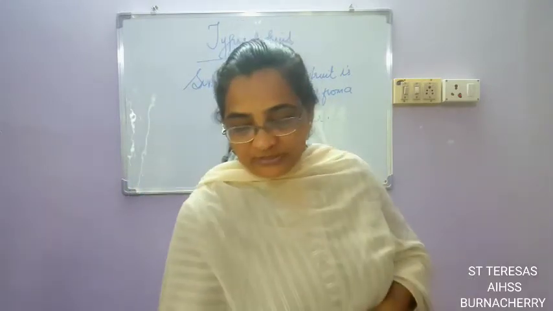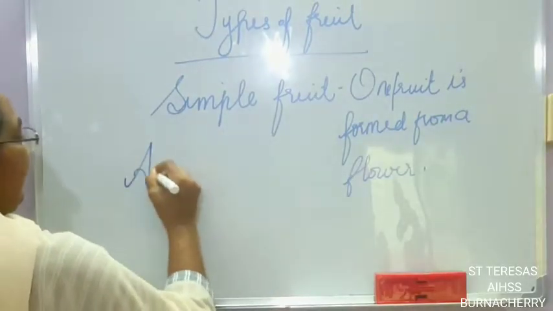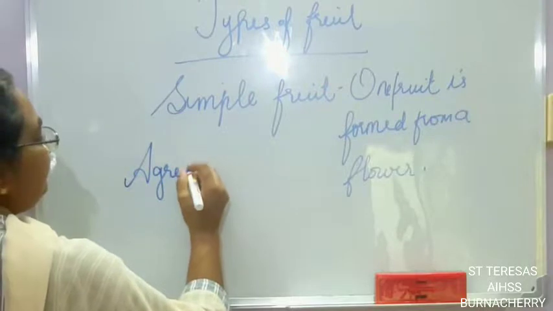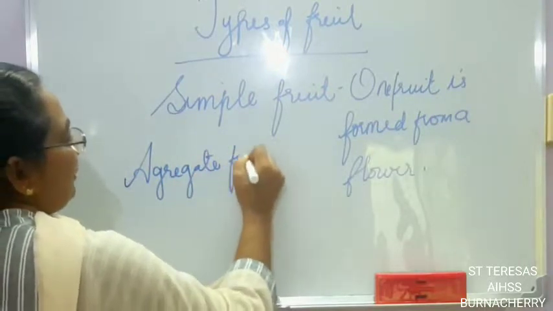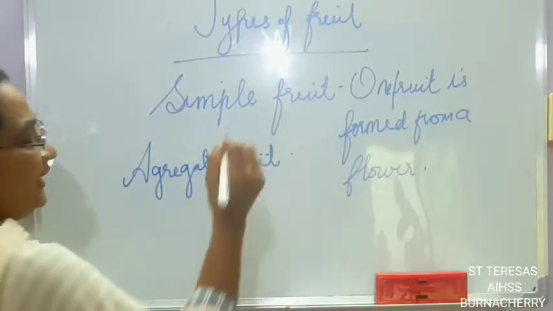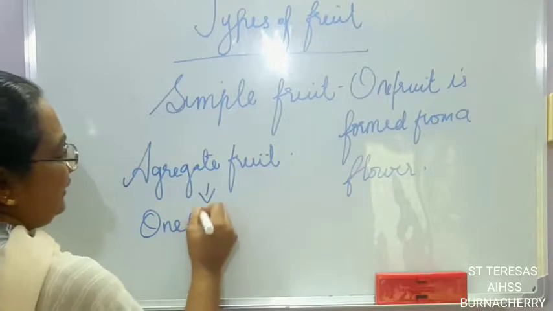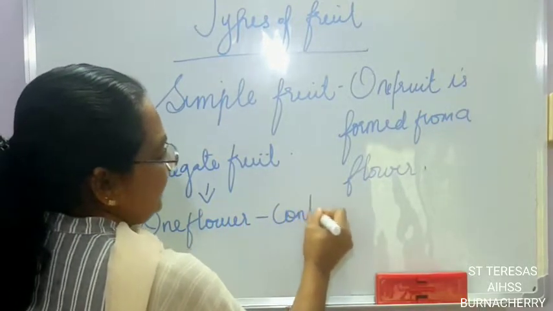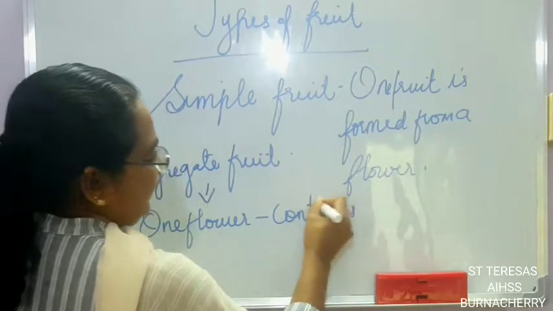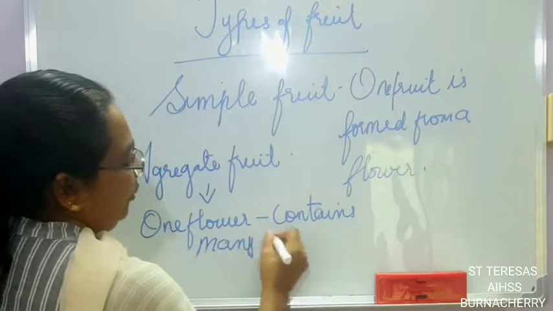That type of fruit is called an aggregate fruit. So what is an aggregate fruit? One flower contains many ovaries.